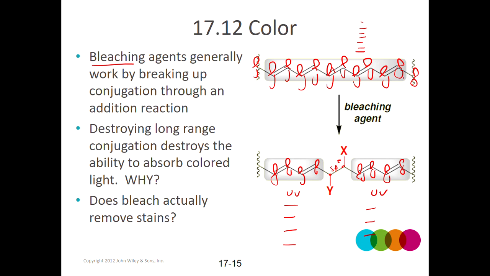You lose the extended, long-range conjugation. So does the bleach actually remove the stain? No. It just undergoes a chemical change that causes the molecules that were part of that stain to not absorb light anymore, so they don't appear colored anymore.